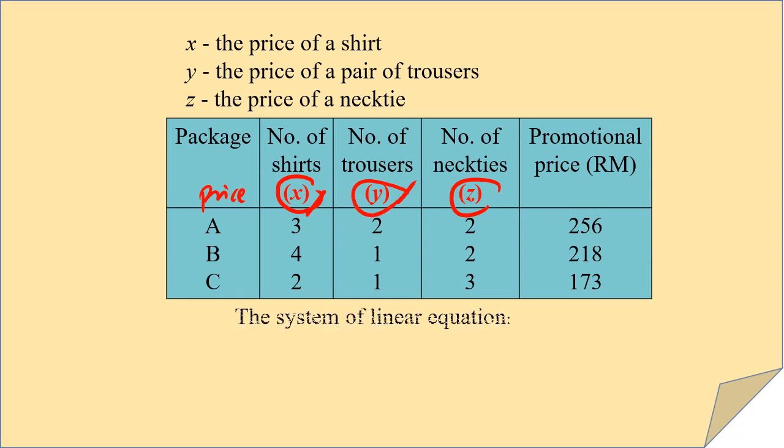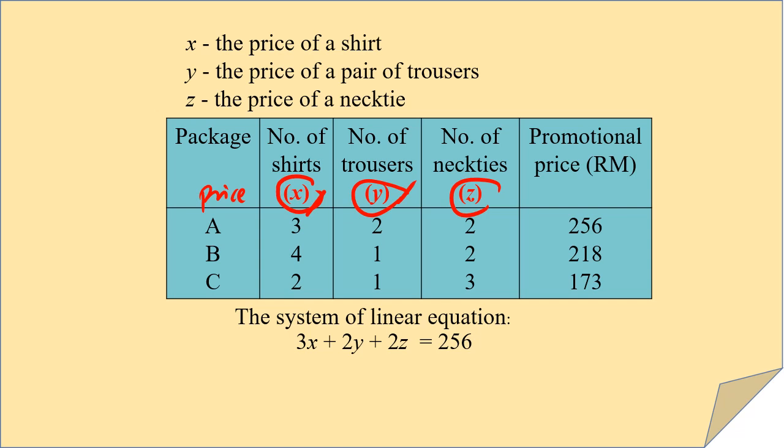So, the system of linear equations is that 3 shirts multiplied with the price plus 2 trousers with the price of the trousers plus the 2 neckties multiplied with its price will have 256 as the total. Okay, so we can have 3x plus 2y plus 2z equal to 256.